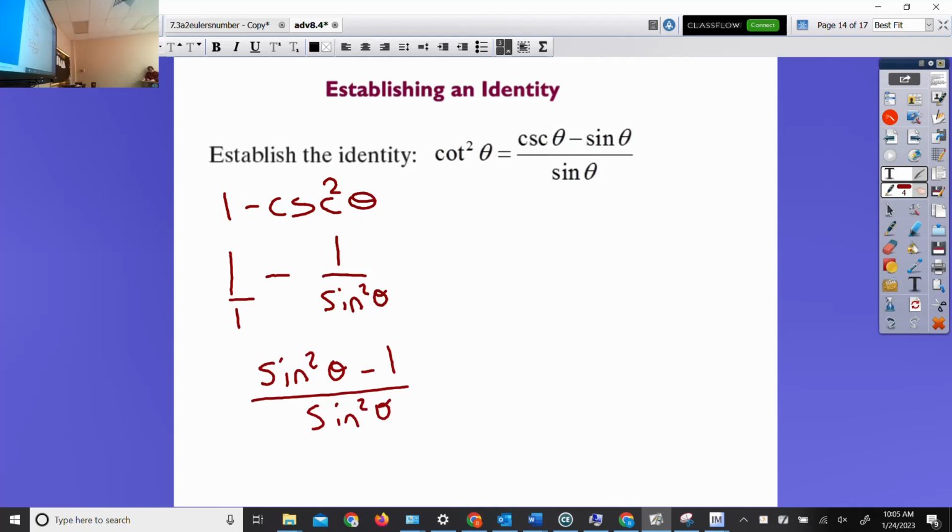All right, what can we do with this bad boy? Yeah, see, this is why I've never actually tried to do the left-hand side of this one. I know it's like something that's really easy once you see it.